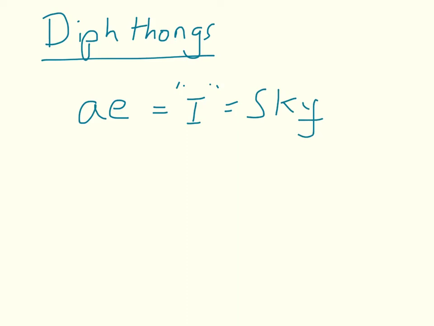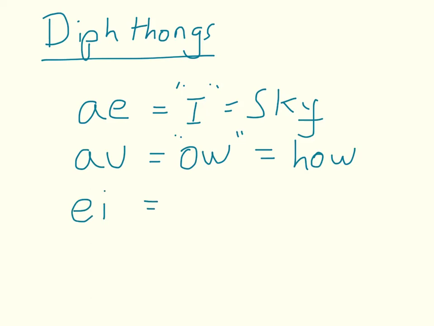We also see the letters AU, which are pronounced like ow, as in the word how. And we see the letters EI, pronounced like A, as in the word say.